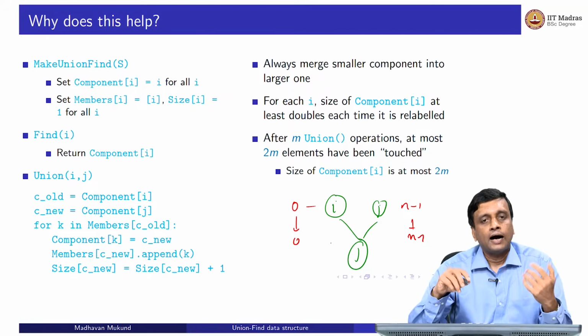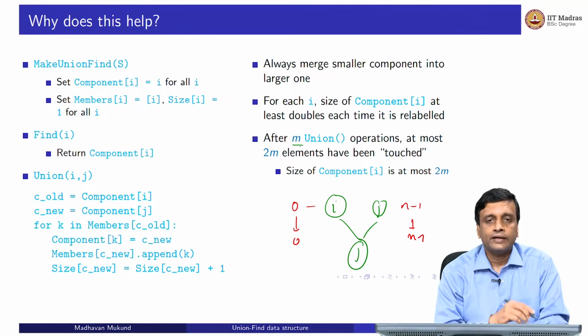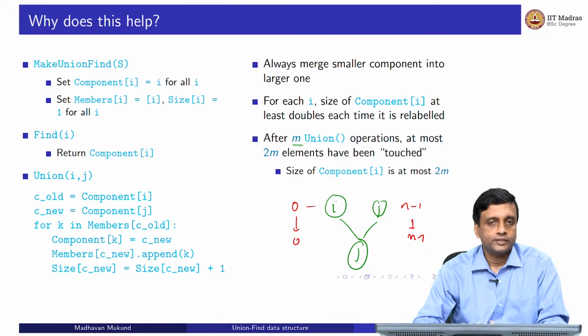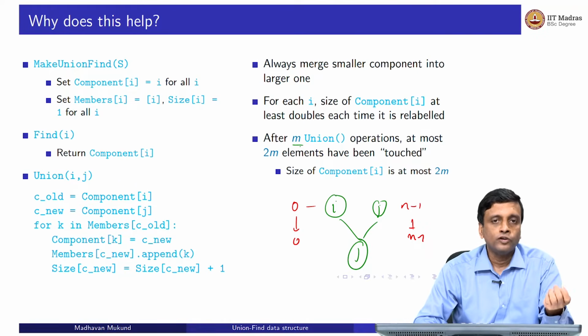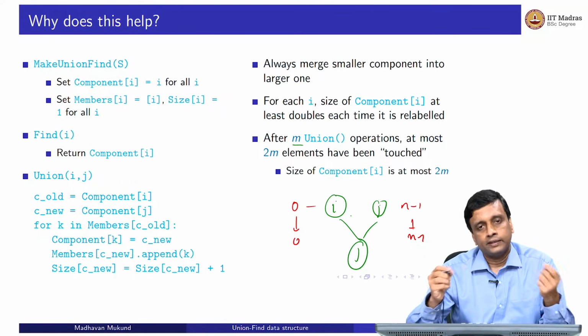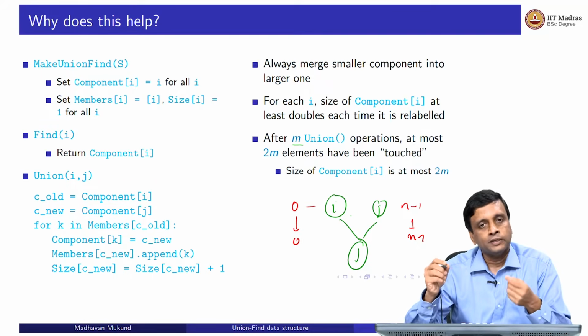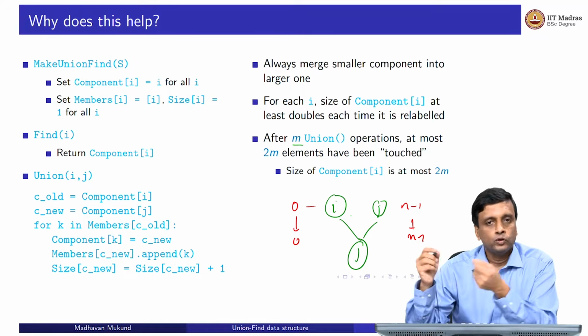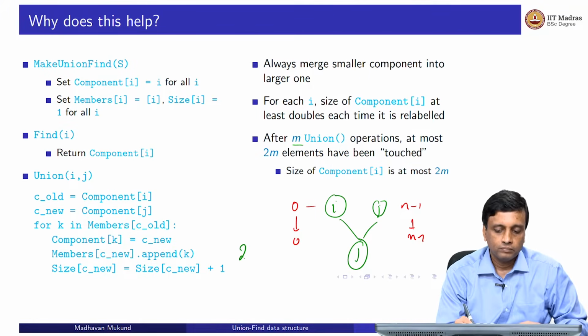Now the question is, after m such things, after m union operations, how many elements have had their component touched in this way? Either it has moved or something has come into it. Well, you can see that if I take 2 elements, then I touch 2, right. The next union could take 2 other elements and touch 2. So I could do 2 plus 2 plus 2, which is 2m, right.